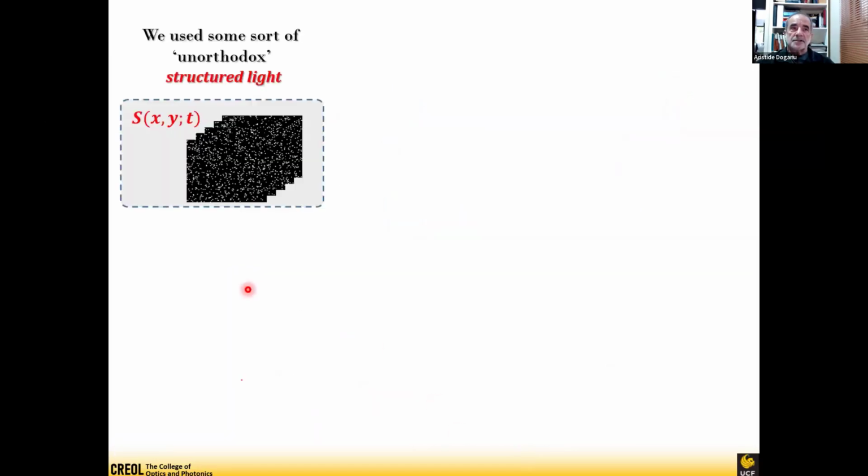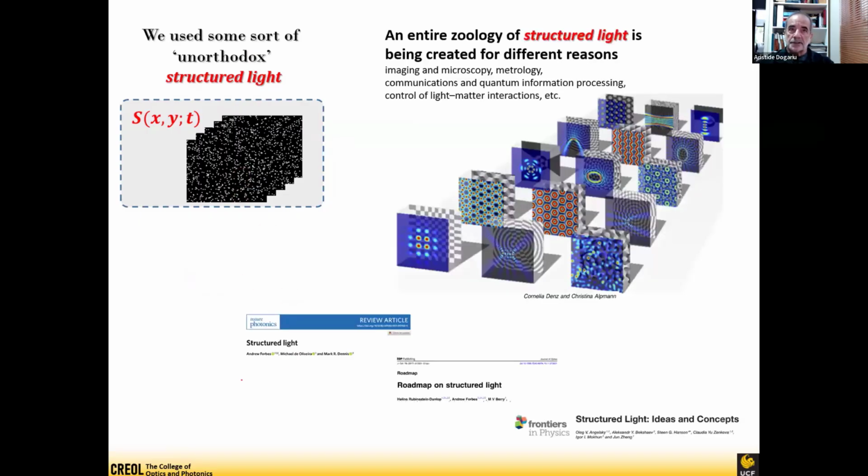So let me speed up a little bit. So far, we used some kind of unorthodox structured light. Of course, there is an entire zoology of structured light created for different purposes and reviewed in a number of papers.